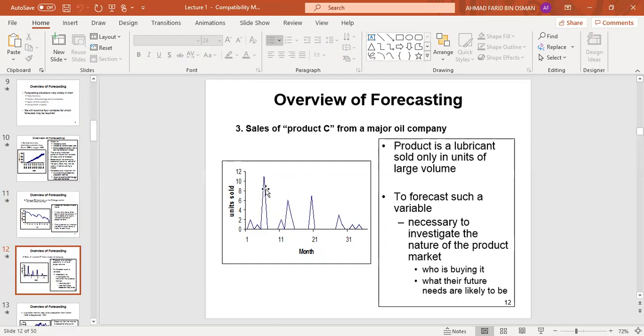You can see the values are highly dependent on other factors. So you need to know the factors that determine the movement of the series. You cannot produce forecasts by simply using the past values of the series.